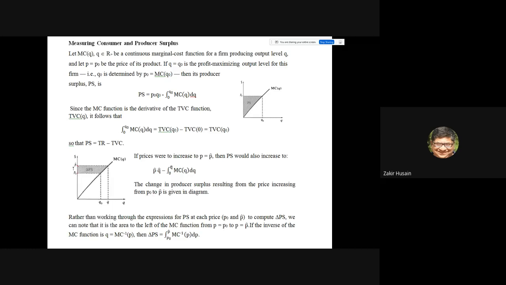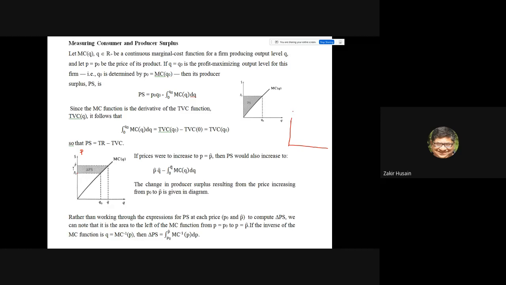So if we take the inverse of this marginal cost, Q equal to MC inverse, I mean, just rotate this graph. What are the axes over here? This is price, this is quantity.